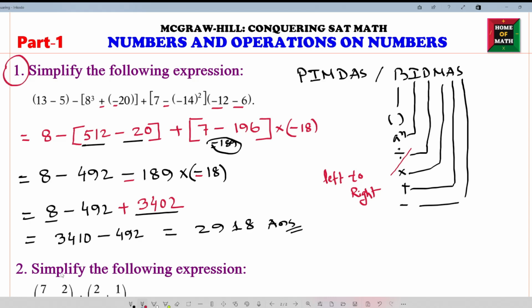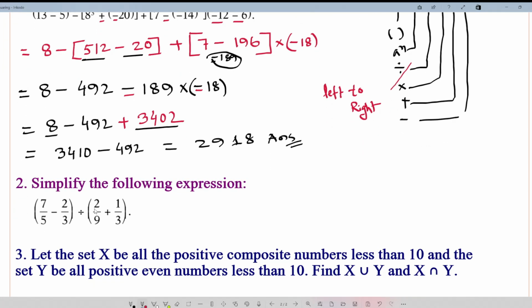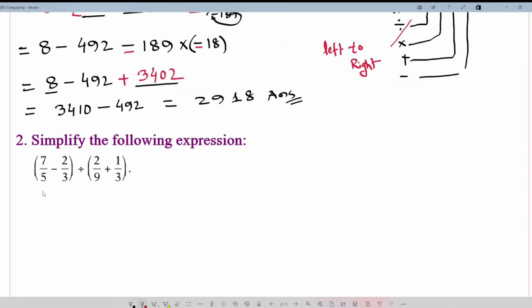Now number 2. Here also we will simplify the following expression. Here bracket start 7 divide 5 minus 2 divide 3 bracket close, divide again bracket start 2 divide 9 plus 1 divide 3 bracket close. So first, as per the rule, we have to do the bracket work.